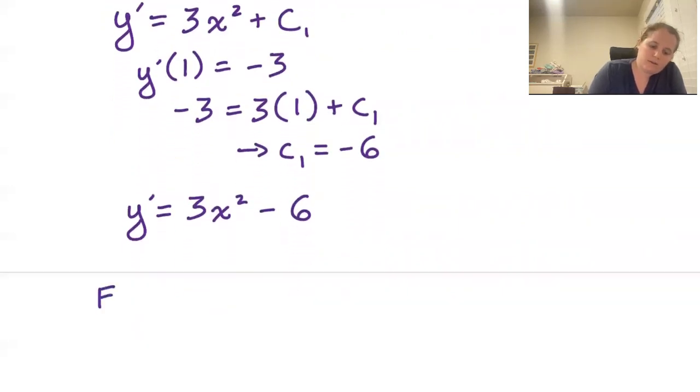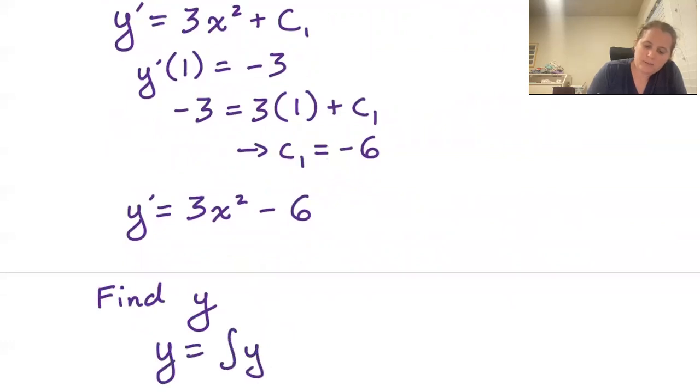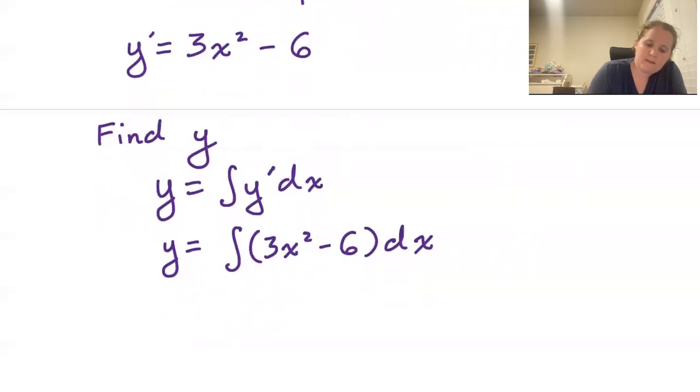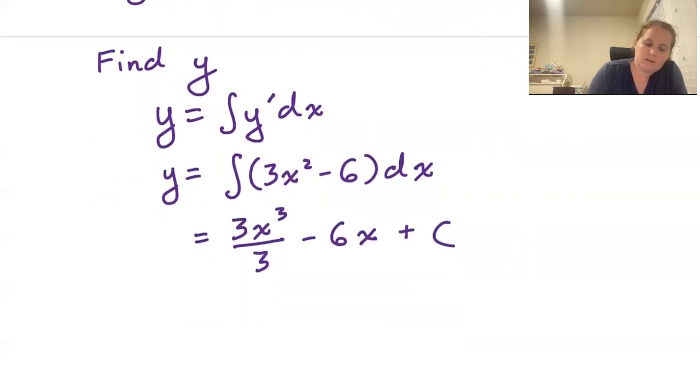From here, we can go ahead and find y. So we have y is equal to the integral of y prime dx. And therefore, y is equal to the integral of 3x squared minus 6 dx. This becomes 3x cubed over 3 minus 6x plus another c, or y equals x cubed minus 6x plus c.